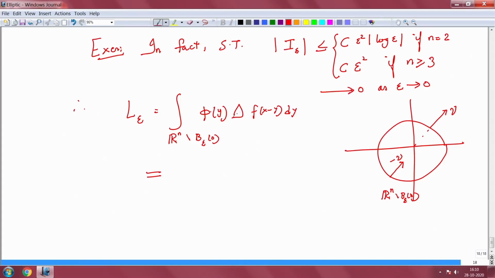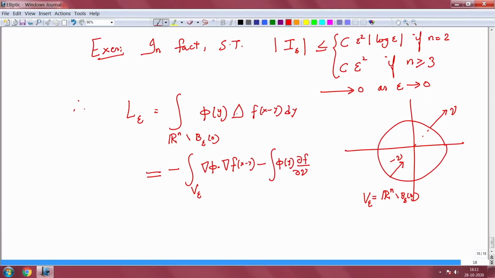Okay. So, I will do my integration by parts. This we have done already in the preliminaries. So, let me write this is equal to some V epsilon. I do not want to write it all the time. So, I will get grad phi, this is a dot product, grad f with respect to x, and then I will get actually plus here, but since the normal is minus, I will get again minus here, phi times df by d nu.